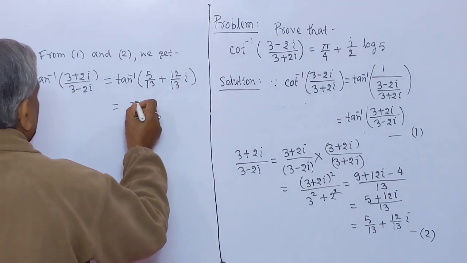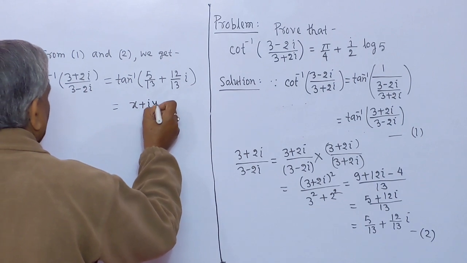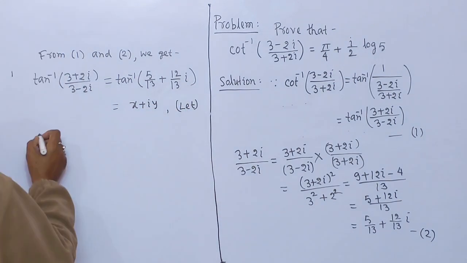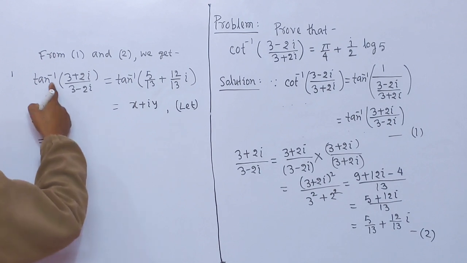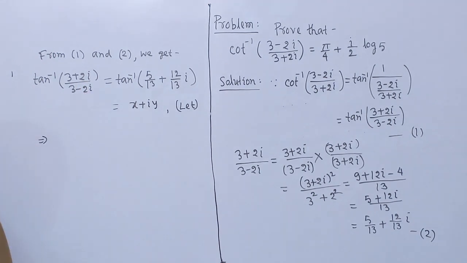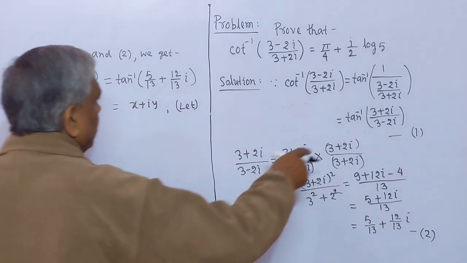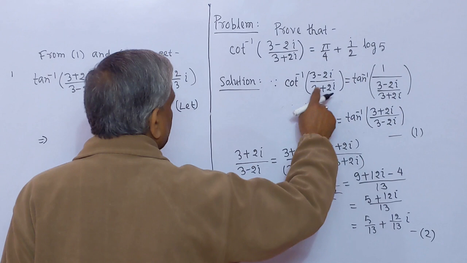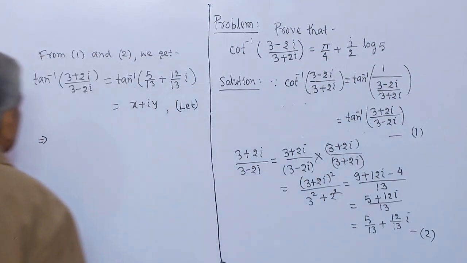Let this be equal to x plus iy. This implies that tan inverse of (3 plus 2i) by (3 minus 2i) is cot inverse of (3 minus 2i) by (3 plus 2i).